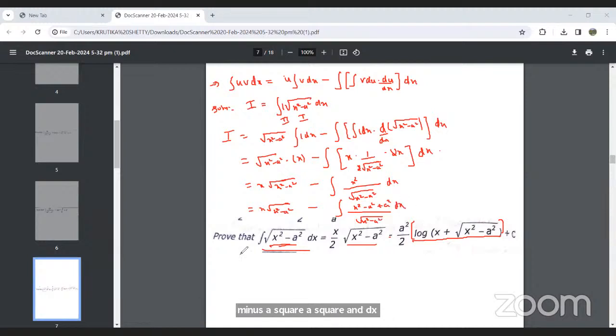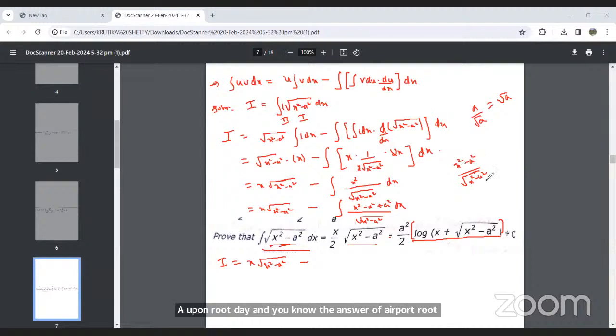Hope until here the proof is clear. Next step, on further simplifying, what do we get? I is equal to x into root of x square minus a square as it is, minus. Here we are splitting the denominator. It is in the form of a upon root a, and we know the answer of a upon root a is root a. So x square minus a square upon root of x square minus a square will be equal to root of x square minus a square.